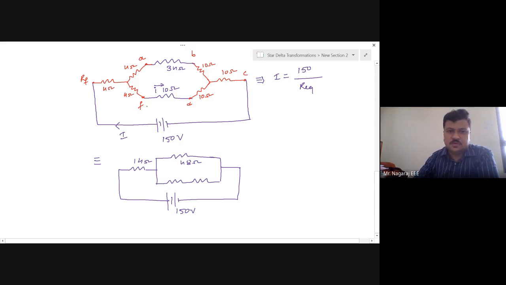This 4 ohm and 10 ohm, 14 ohms. And this is 10 ohm. I have just kept it as it is.